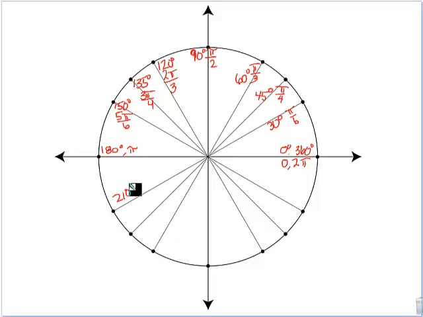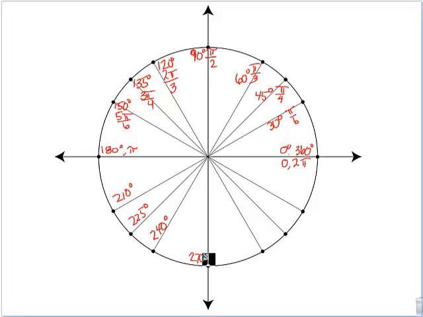What would our next angle have to be in degrees? Yep, 225 degrees. What would the next one have to be in degrees? 240 degrees. Straight down, I think we did do this one as well. 270.